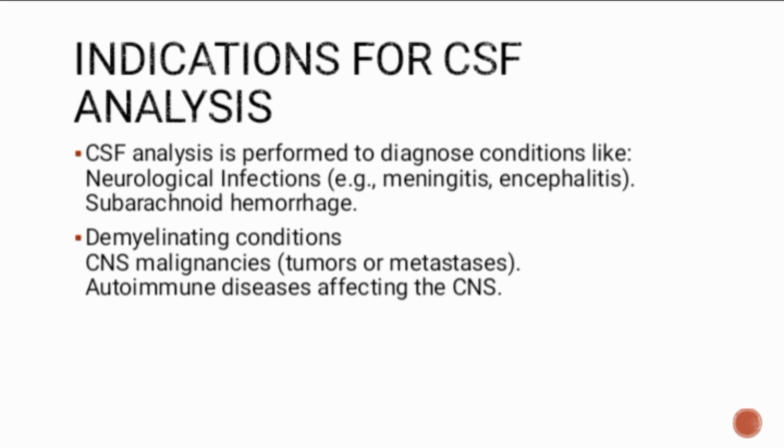For example, infections like meningitis and encephalitis, subarachnoid hemorrhage, which is bleeding in the brain, demyelinating conditions like multiple sclerosis, where the protective covering of nerves is damaged, CNS malignancies, which include brain tumors or cancers spreading to the brain, and autoimmune diseases, where the body's immune system attacks the central nervous system. CSF analysis helps confirm these diagnoses by examining the fluid's composition and appearance.